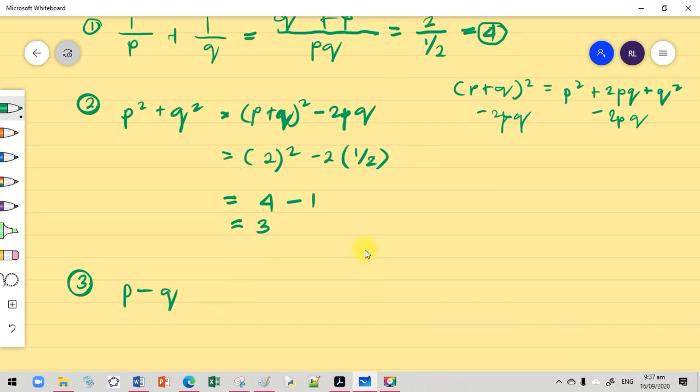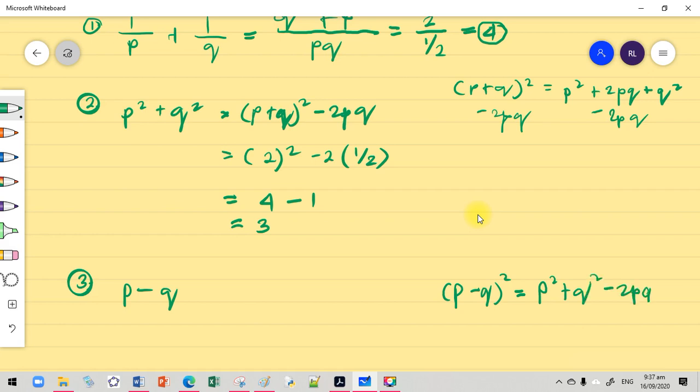So how do we do that? The same idea as with P squared plus Q squared. If we expand P minus Q squared, that's going to be P squared plus Q squared minus 2PQ.